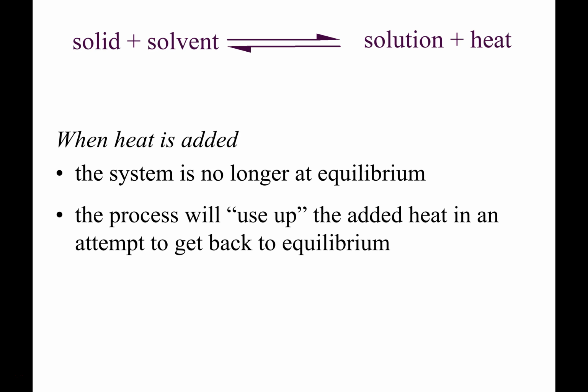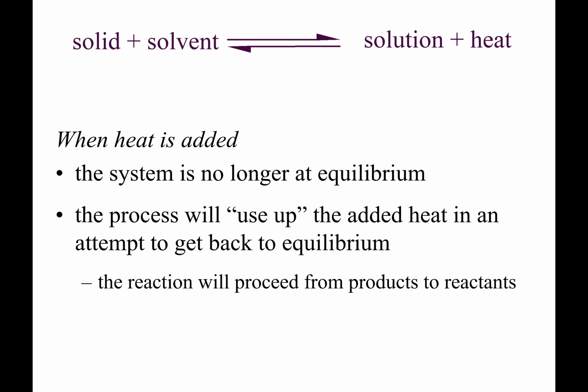So the system is going to have to use up the extra heat I added. And to do that, it's a little bit counterintuitive because we're all about left to right. But in this case, it's going to go from right back to left again, from products back to reactants. What were my reactants? Well, they were my separate solid and liquid.